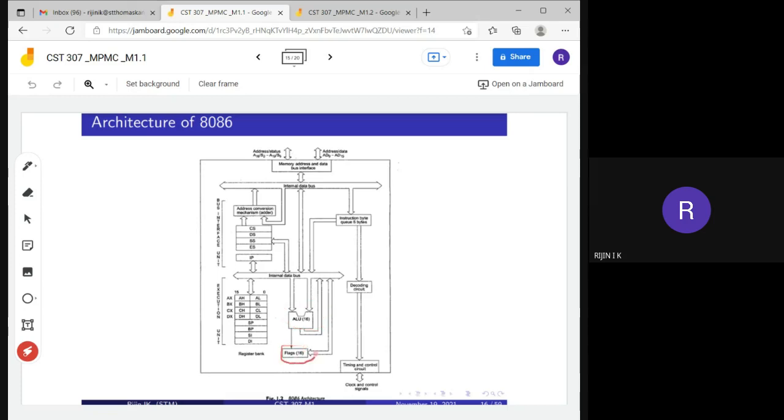Then there is a flag register. So what is a flag register? Why are we using flags? What do you mean by a flag?